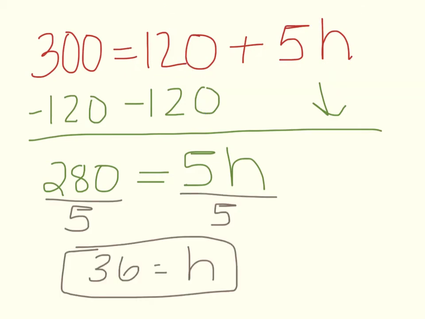So now this equation should look very familiar to you. It's very similar to what we've just gone over. We have 280 equals 5h. So what's being done to h? Well, it's being multiplied by 5. To undo multiplication, we divide both sides by 5. These cancel out, and we're left with h equals 36.